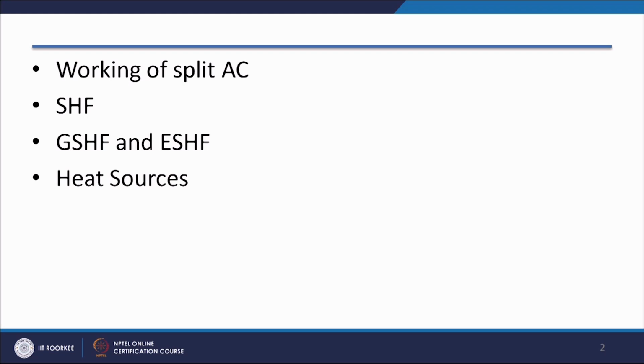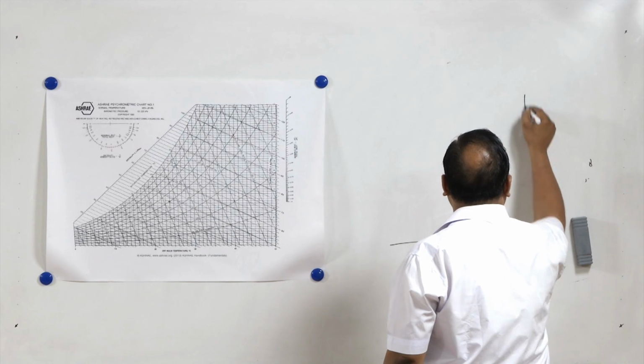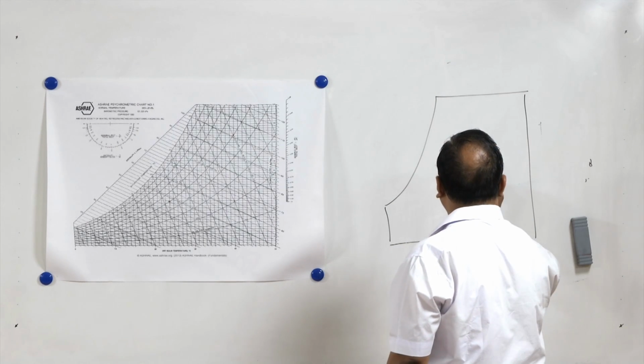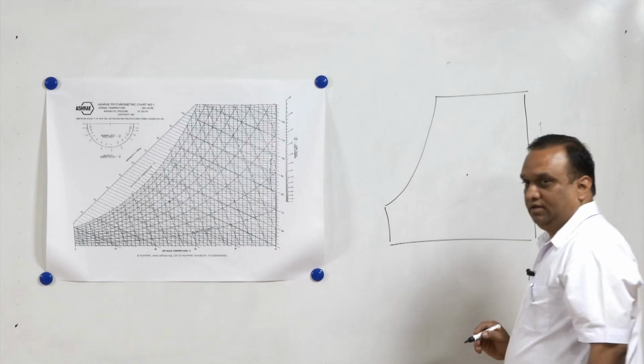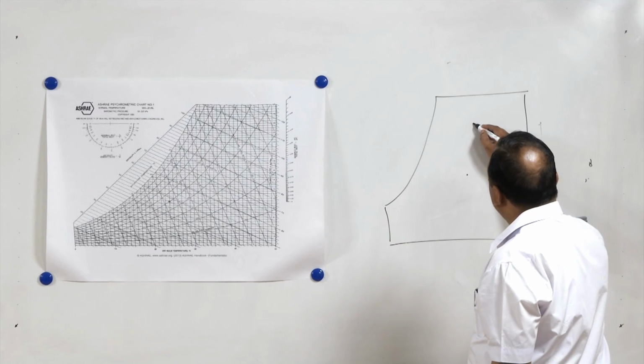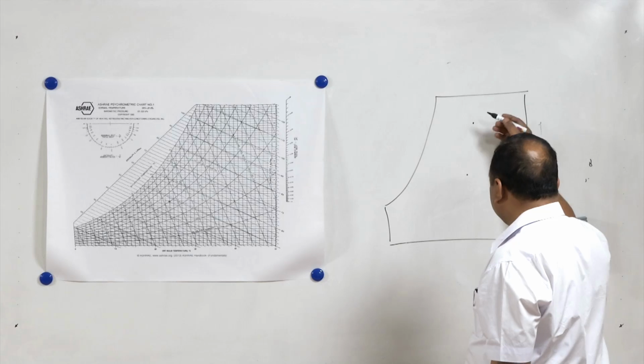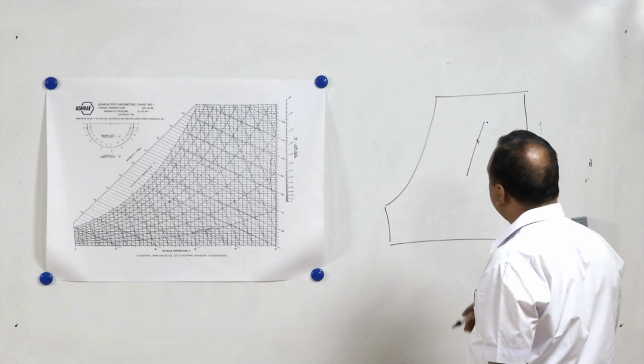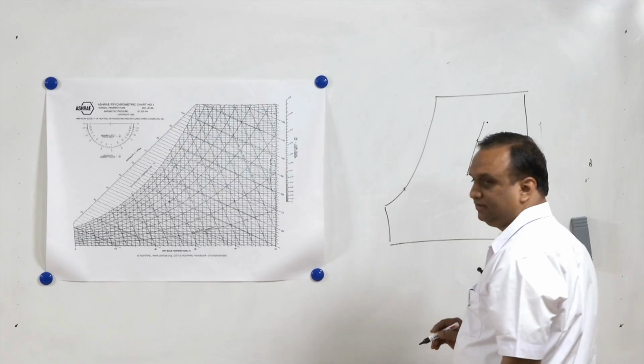Now, we will further discuss this. There is a gross sensible heat factor also. There are three terms: sensible heat factor, gross sensible heat factor and effective sensible heat factor. Sensible heat factor we have taken from the load point. Now, suppose the outdoor condition is this one, and let us assume there is a mixing also. So, if the mixing condition is this, the coil temperature is this.